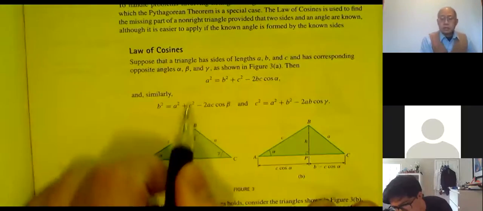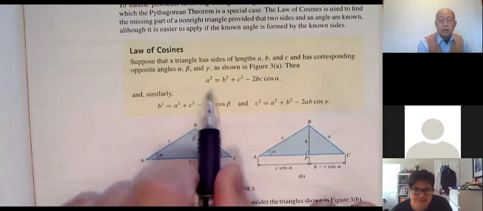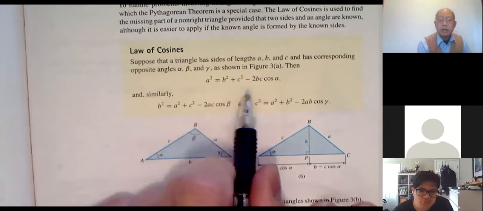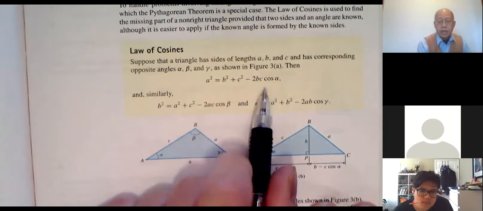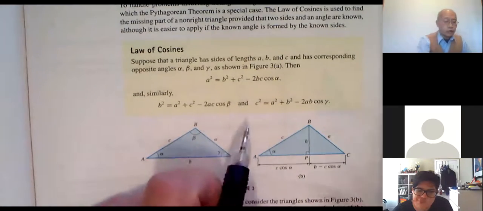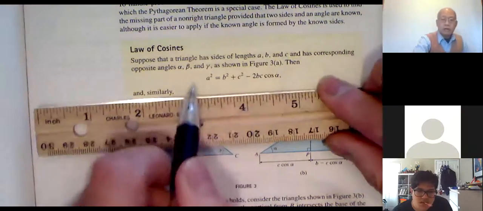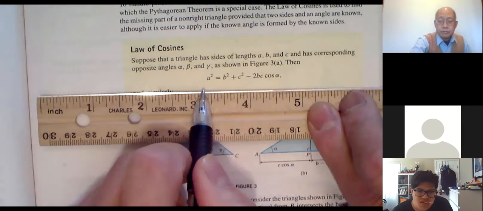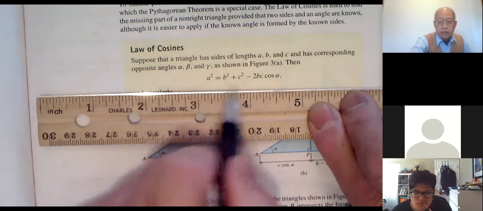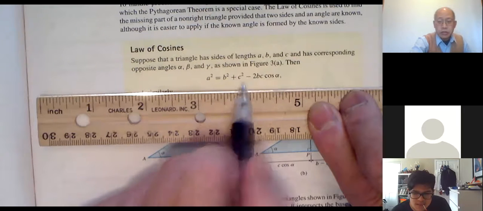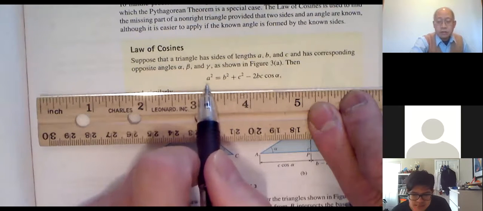Okay, so you have this law. Put that on your next cheat sheet. A squared equals B squared plus C squared minus 2BC cosine of alpha. There are two equivalent forms, and it's up to you how much you want to put down. If you understand the principle, you have A squared, then you square the other two sides, and then minus 2 times BC cosine of alpha, cosine of that angle.